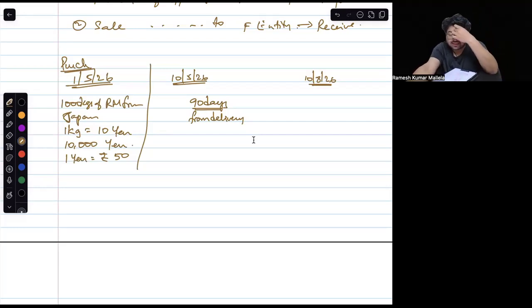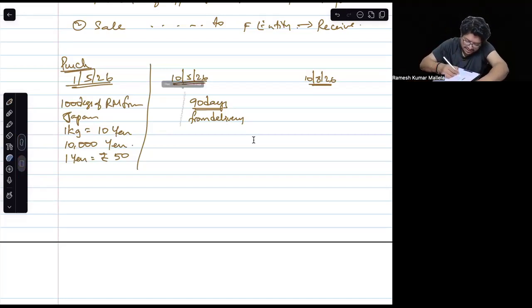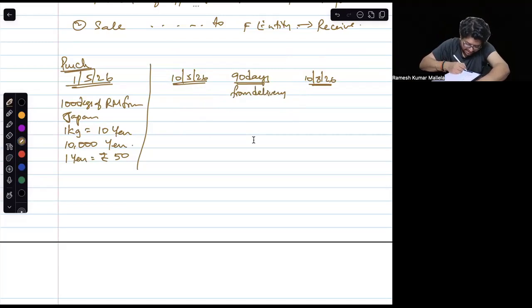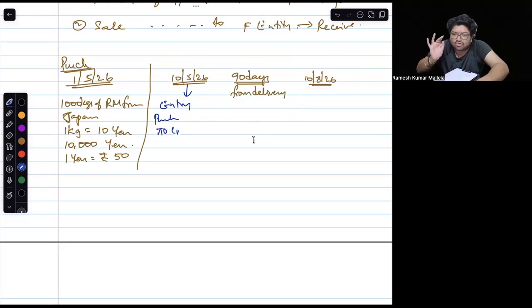So on 10th May I am going to pass an entry: purchase account debit to creditor. Value is what is important now.